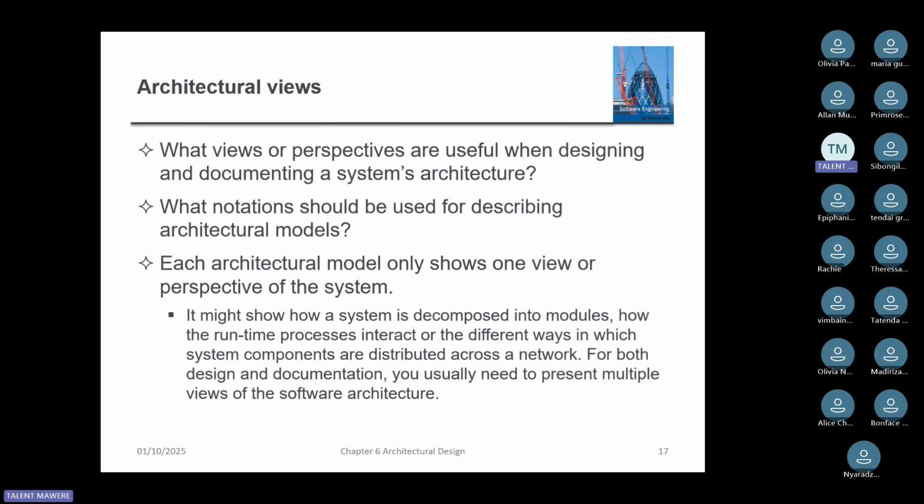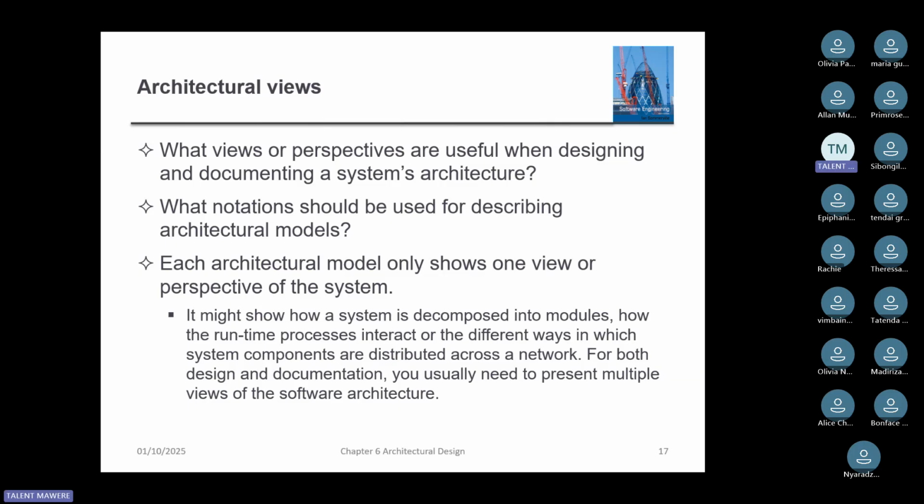So what are these? What are architectural views? And what views or perspectives are useful when designing and documenting a system architecture? What notations should be used for describing architectural models?